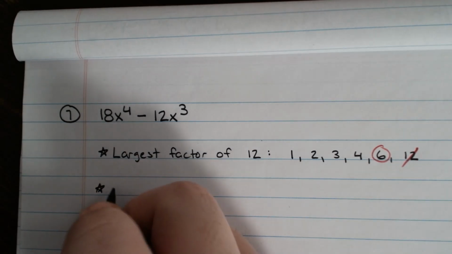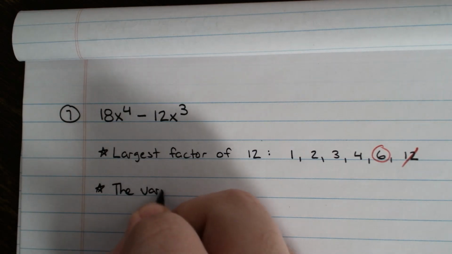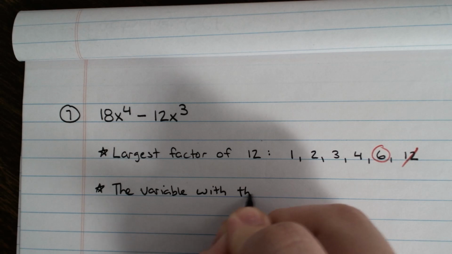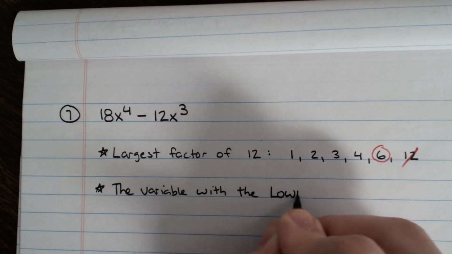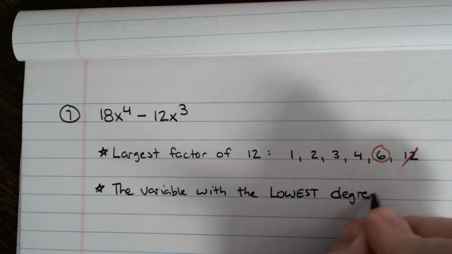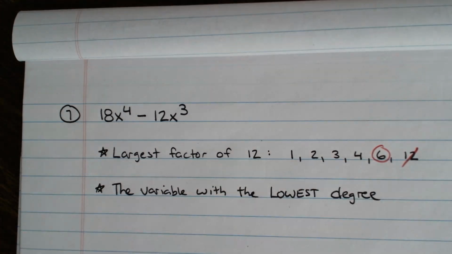Then for the x's, just take the lowest degree variable. We've got x to the 4th and x to the 3rd.